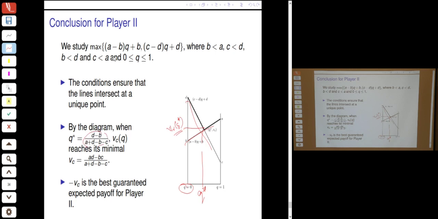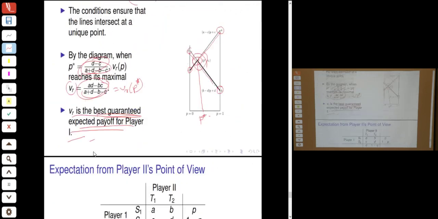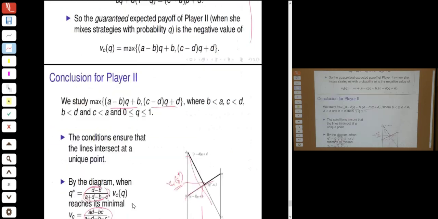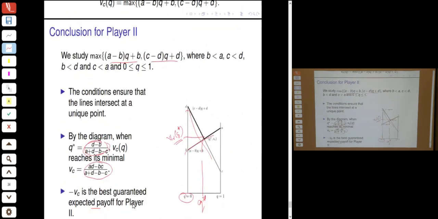So similarly, by equating these two straight lines and solving for the parameter Q, you will get the optimal value Q star, which is D minus B over A plus D minus B minus C. And you can also find the best guaranteed expected payoff for player 2, which is AD minus BC over A plus D minus B minus C. You might notice that this is exactly equal to the best expected payoff for player 1, which is not surprising because it is a zero-sum game.